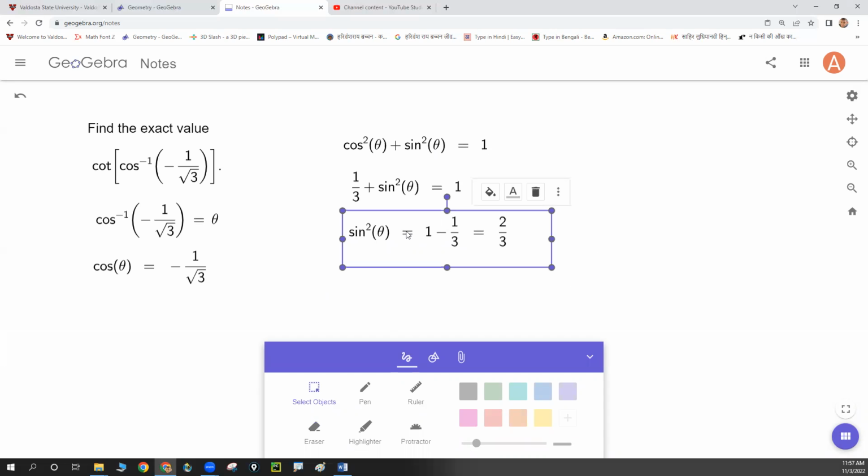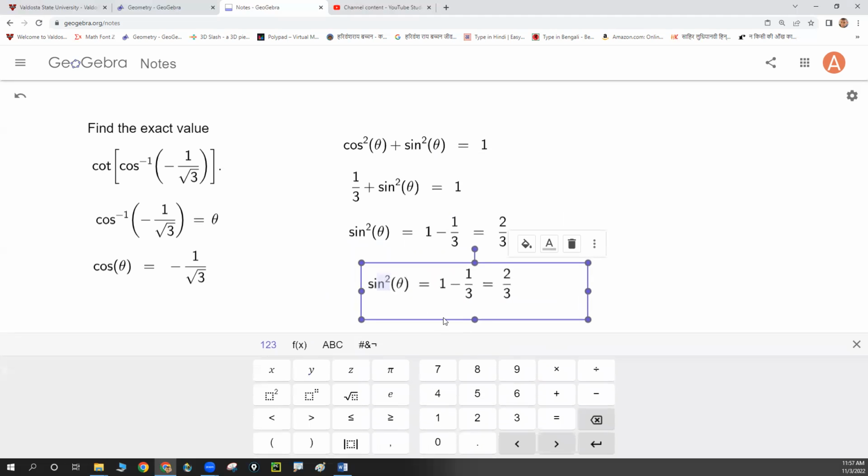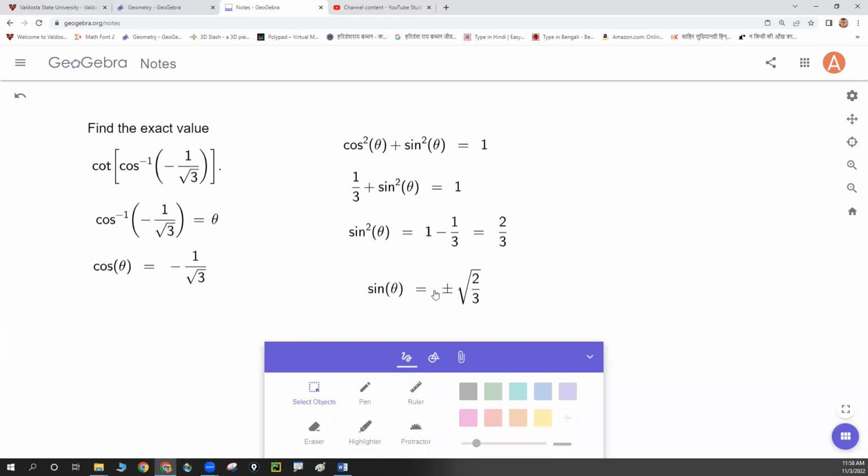Now, sine theta is square root of 2/3, but you have to have plus minus. Now, let me make sure I did it correctly, okay? Give me 1 second. A little bit of work in this problem. This is not an easy problem, let me tell you this.